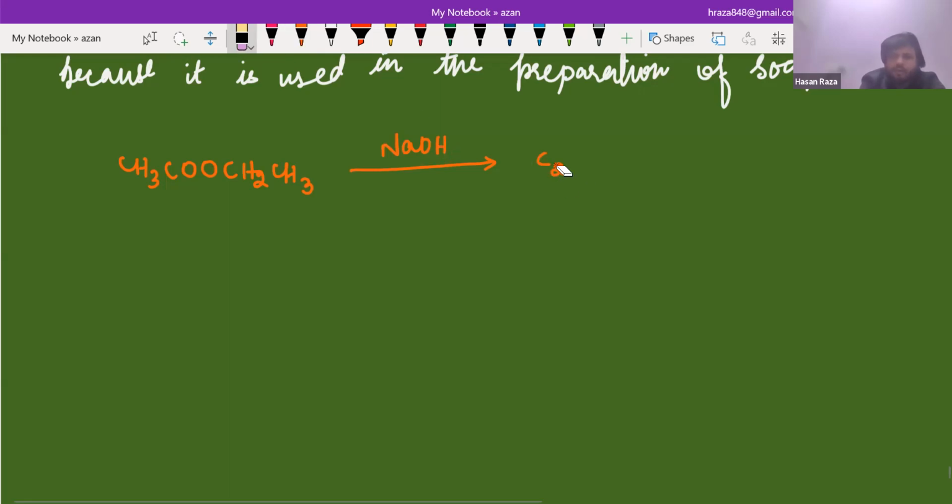You can directly write, or either you can write CH3CH2OH. The alcohol will be given back. Again, the next will be CH3COONa. This is your carboxylic acid salt, that means the hydrogen will be replaced by this metal, sodium. And this reaction is known as saponification. Is that clear?